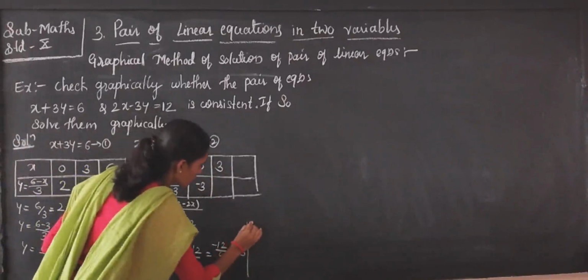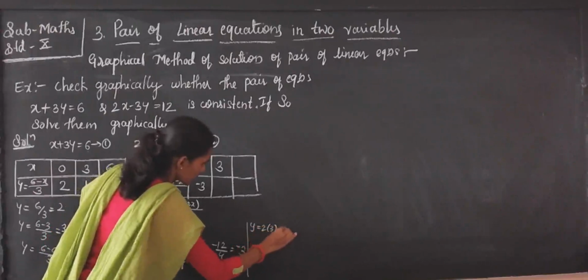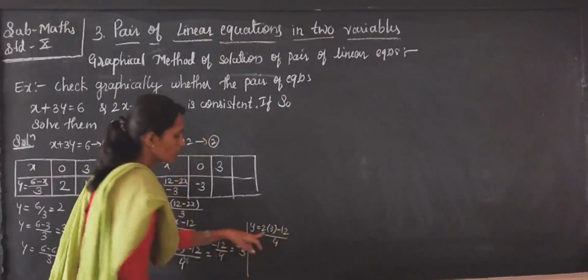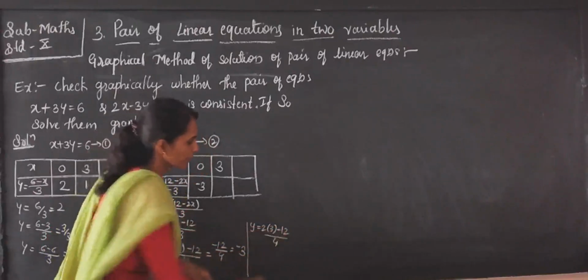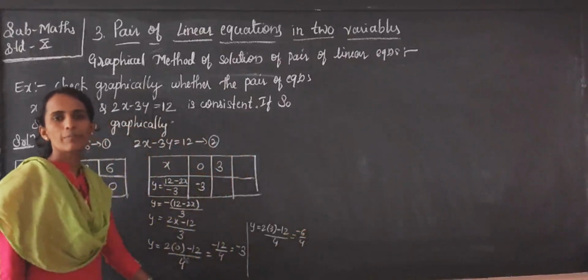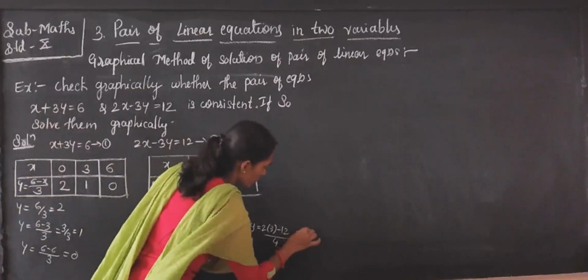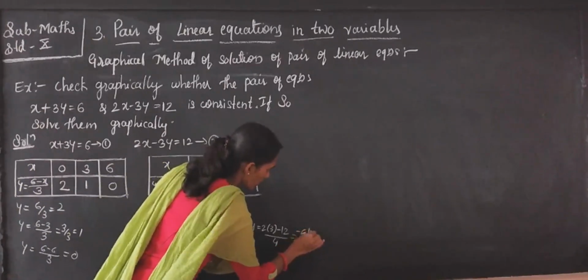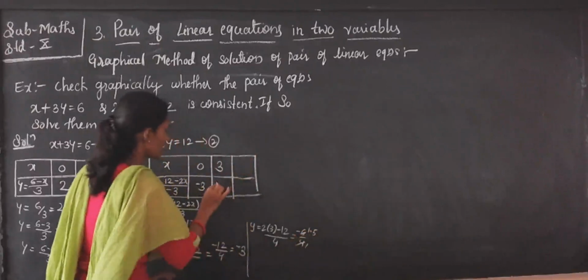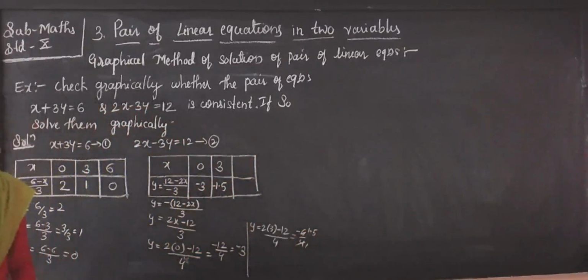Then y is equal to 2 into 3 minus 12 divided by 3. 2 3s are 6, 6 minus 12 gives us minus 6, so minus 6 by 3.